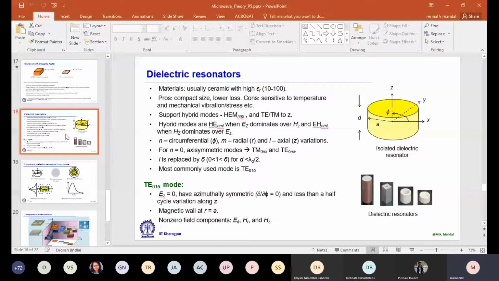Now you see what is the advantage. In PCB technology, we use the thumb rule to calculate the guided wavelength lambda g, that is equal to lambda naught by square root of epsilon r. Now, if epsilon r is high, that means lambda g is small.